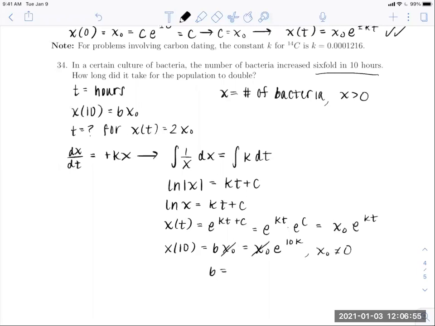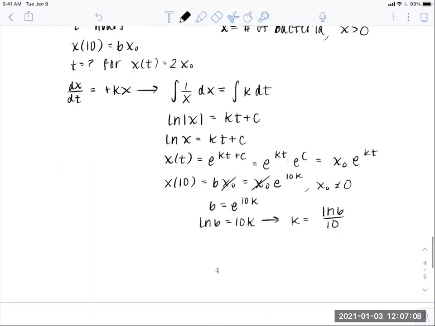I have 6 equals e to the 10k. So I have the natural log of 6 is 10k, or k equals the natural log of 6 over 10. All right, now I really want you guys to refrain from pulling out your calculator. So I'm just going to make a note.